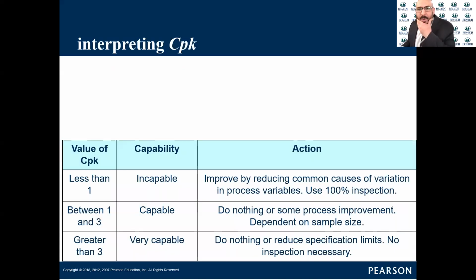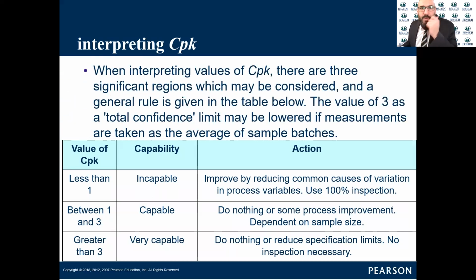All right, so how do we interpret the CPK? Again, the target for you is to have it more than 1. This is your goal. If it's less than 1, then the process is not capable. But when interpreting the values of CPK, there are three significant regions which may be considered, and the general rule is given in the table below.